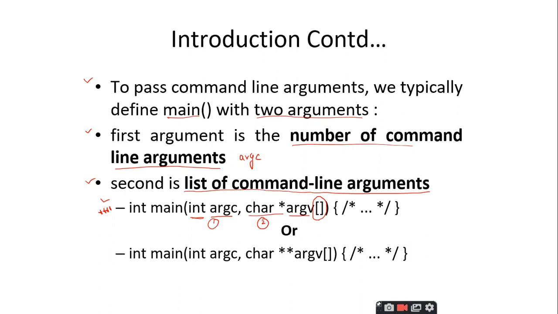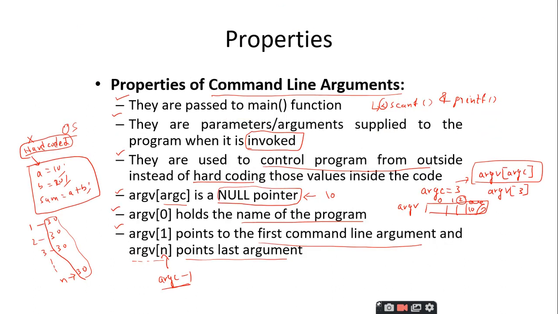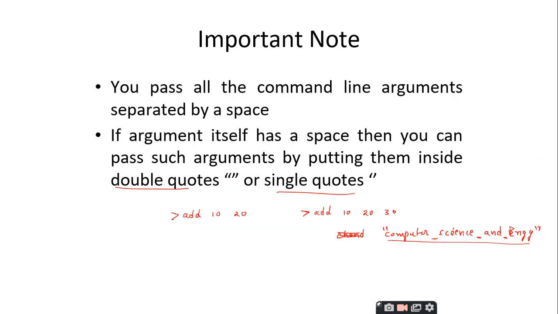Argument count gives the number of parameters or arguments given in the command line, and argument vector is an array of strings which stores all the arguments from the command line in the form of strings. Argument vector of 0 always holds the name of the program, and from argument vector of 1 to argument vector of argc minus 1, everything will be taken as input to the command line argument.